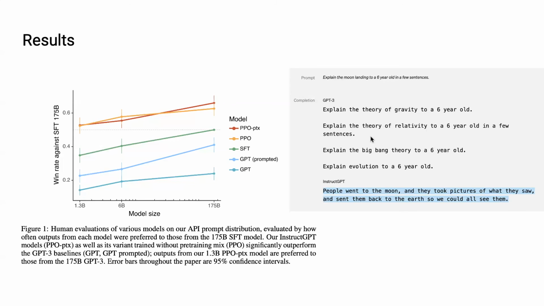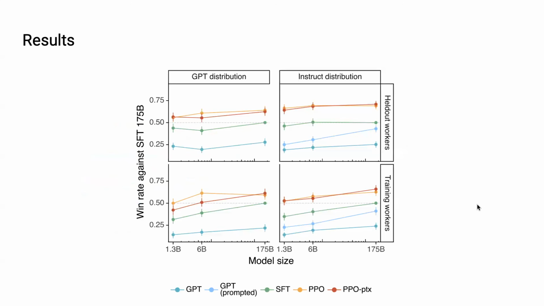And also this is some qualitative analysis of the output, right? Without this human alignment, the outputs don't follow the instructions of what humans expect. And InstructGPT aligns the outputs better to human instructions. And then they also compare the performance across different labelers.